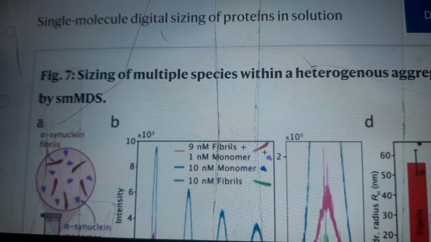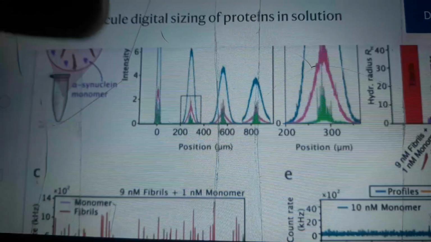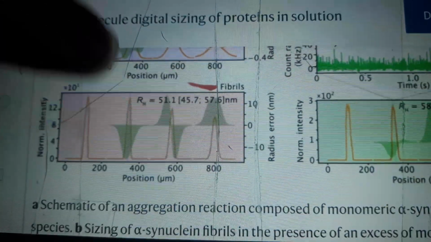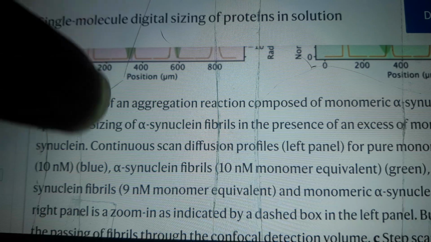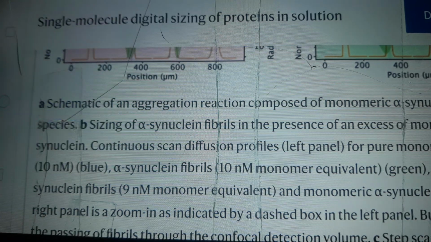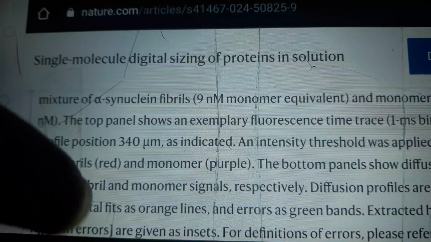Sizing of multiple species in a heterogeneous aggregation mixture by SMMDS. This diagram is a schematic of an aggregation reaction composed of monomeric alpha-synuclein and fibrillar species. B, sizing of alpha-synuclein fibrils in the presence of an excess of monomeric alpha-synuclein.